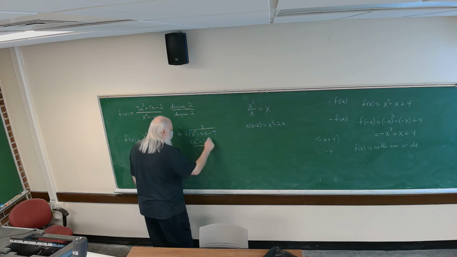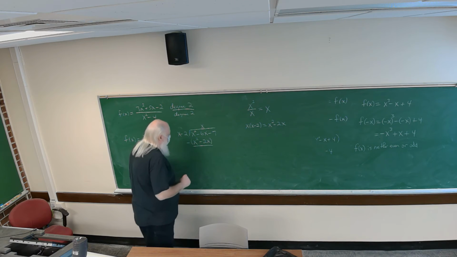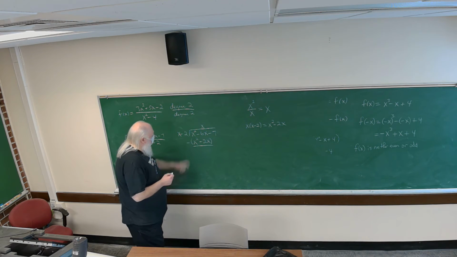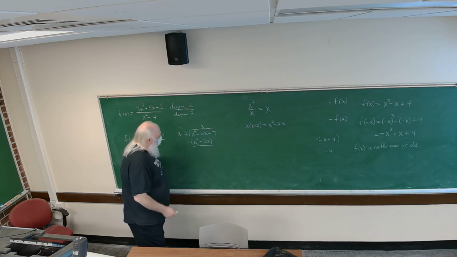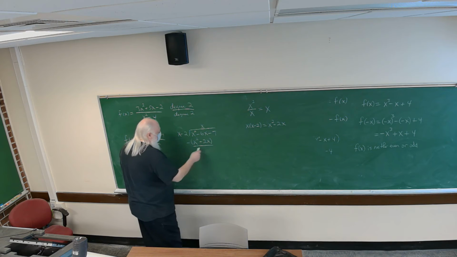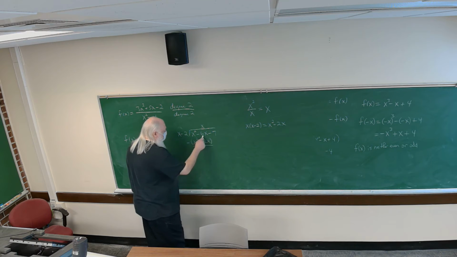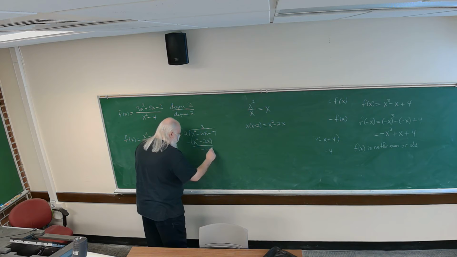And then you subtract x squared minus 2x from the dividend, right? I think that's the dividend. Okay. When you distribute the minus sign, we end up with x squared minus x squared, which is 0, which is what we want. And then we have minus 6x plus 2x, which is minus 4x.